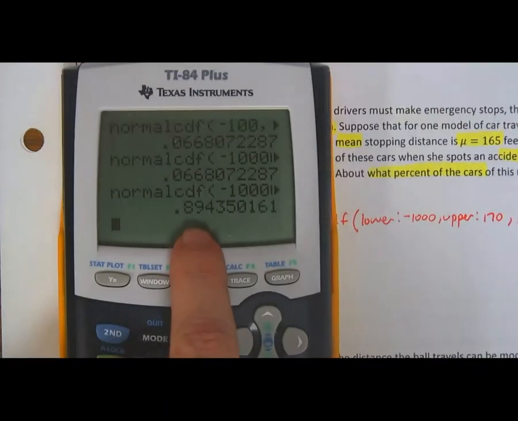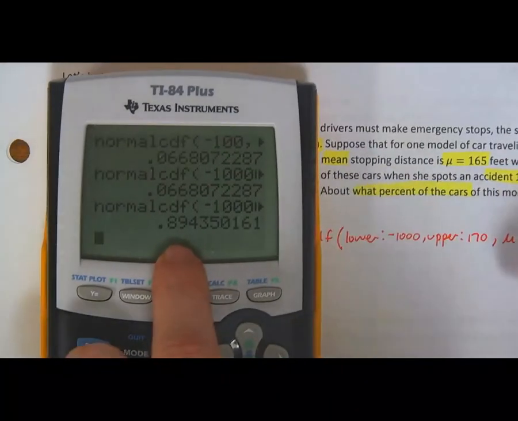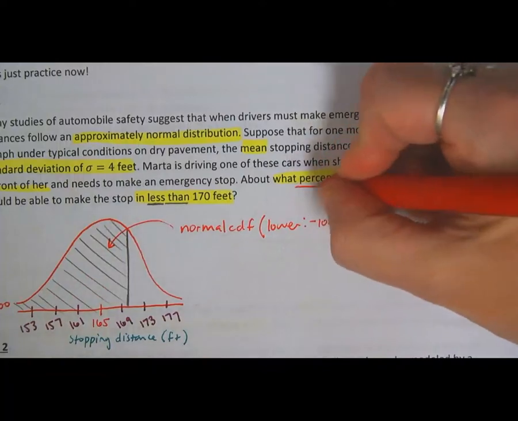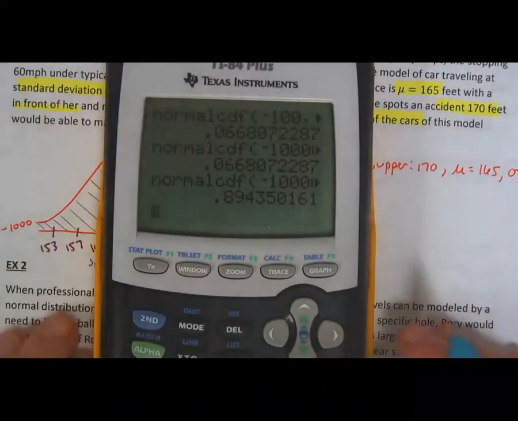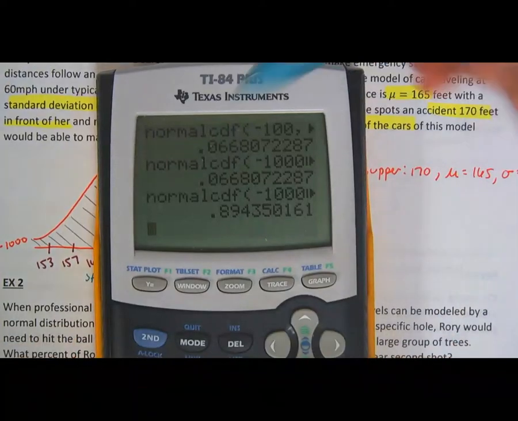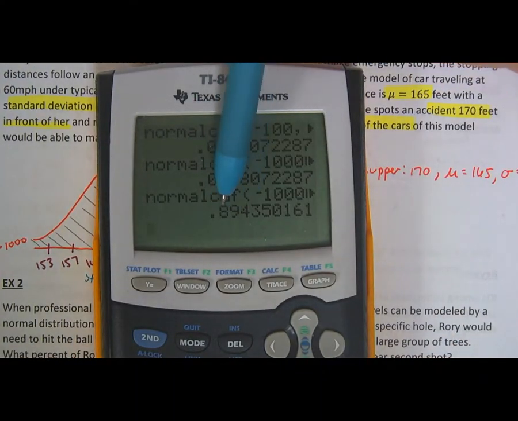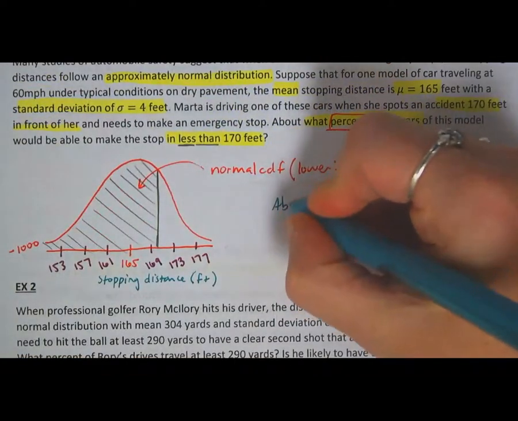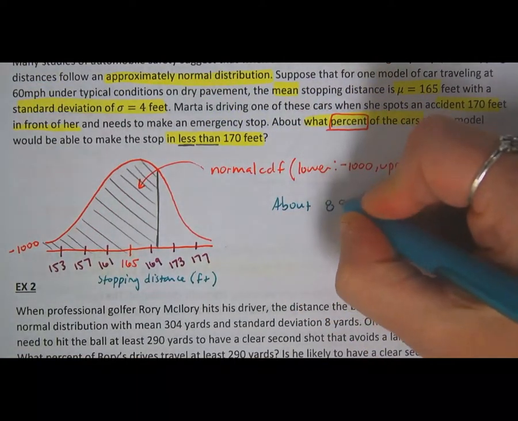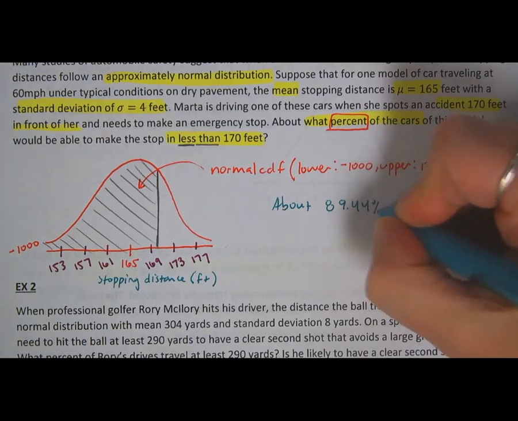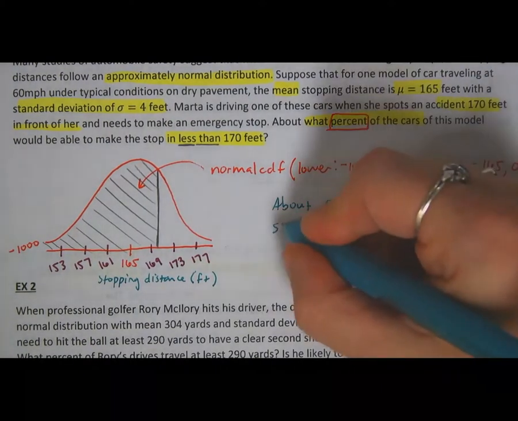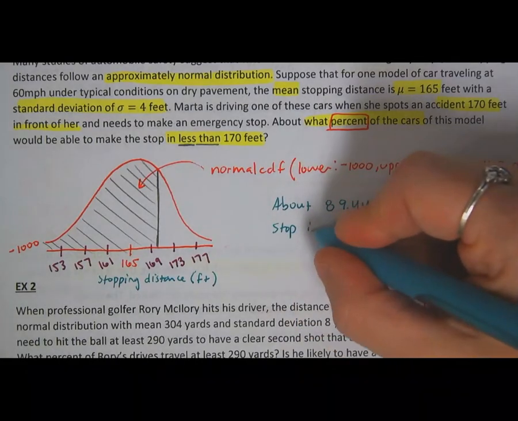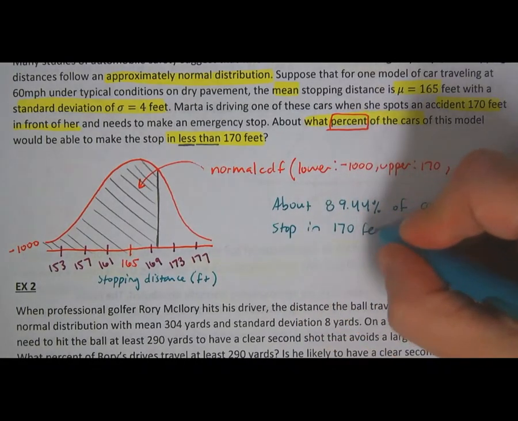I got 0.89, but it asks me for a percentage. What percent? Okay, so let's make sure that our answer goes out to the hundredths. So if I move that decimal over, I have about 89.44% of cars can stop in 170 feet or less.